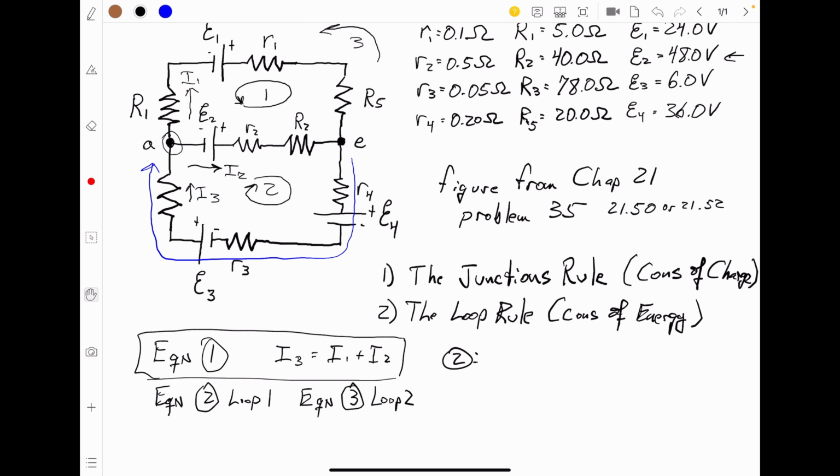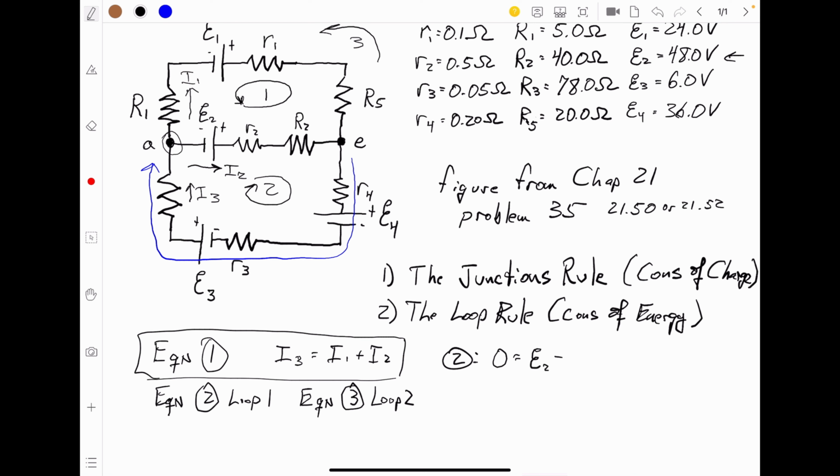So we're going to end up with 0. Okay, and we're starting at epsilon 2, our EMF 2, all right? And then we're going in the same direction as my loop, right?